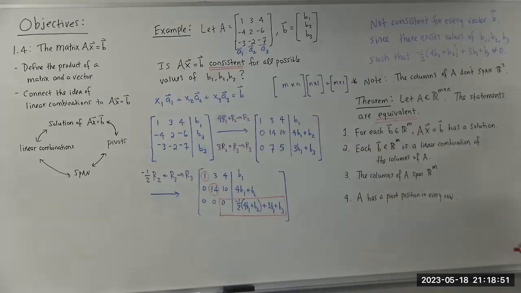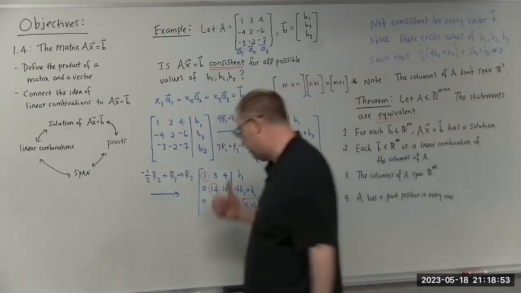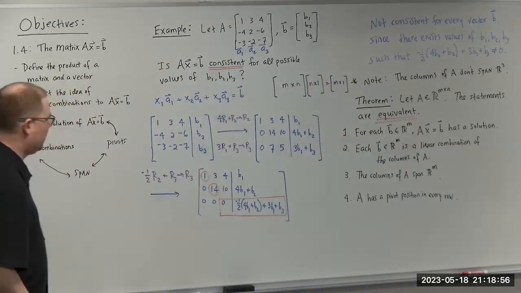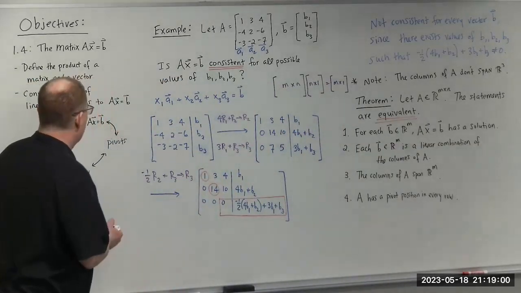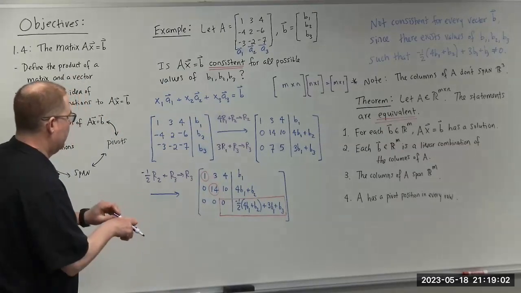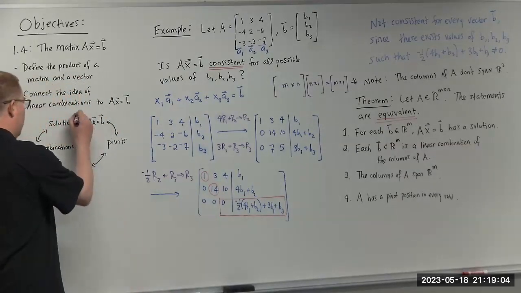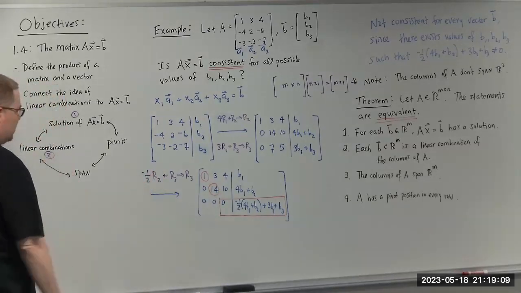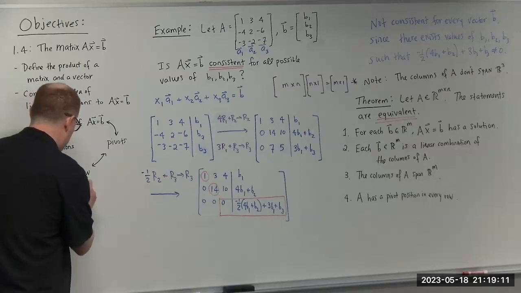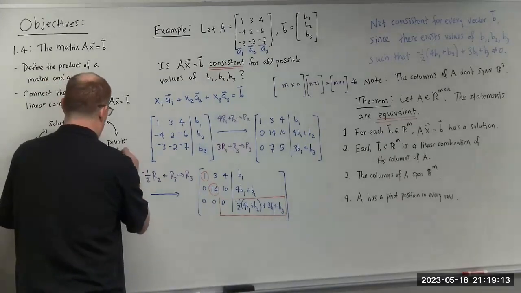And so going back, sometimes you'll see this theorem in some textbooks written out this way. They'll basically put numbers to this. So they'll say 1, linear combinations for the second one, span for the third one, and pivots for the fourth one.